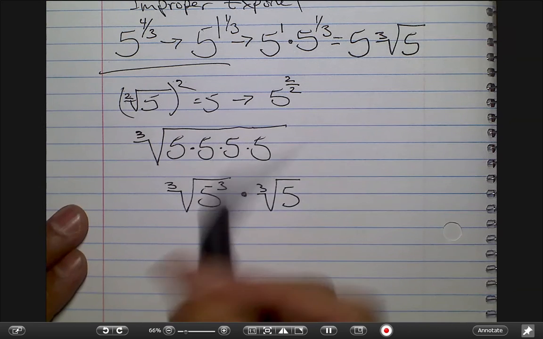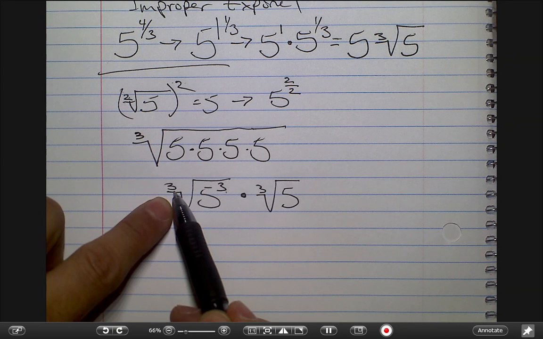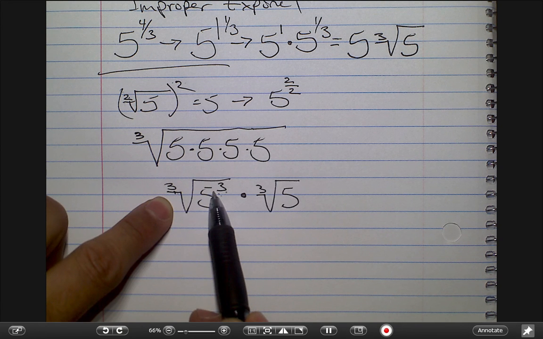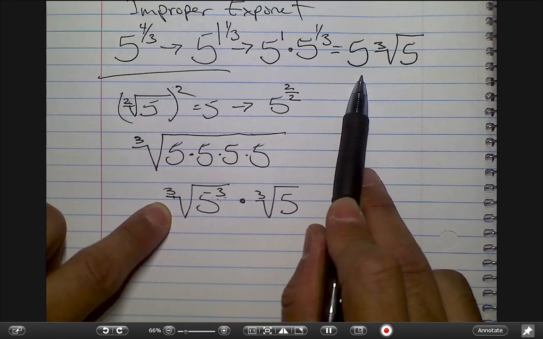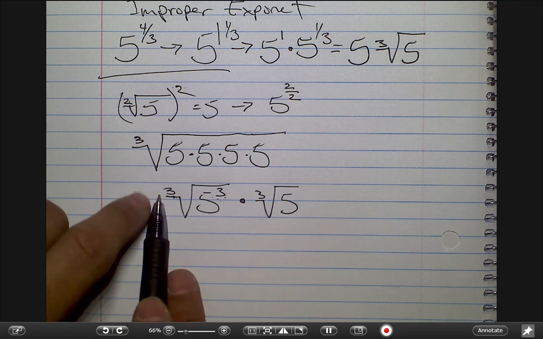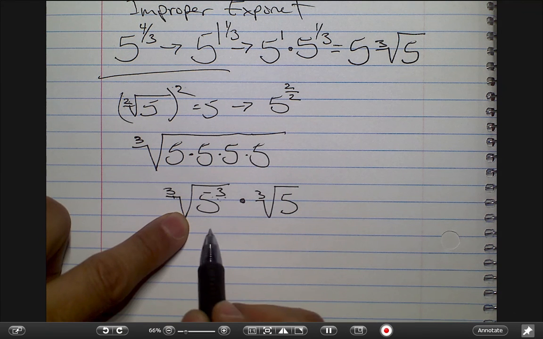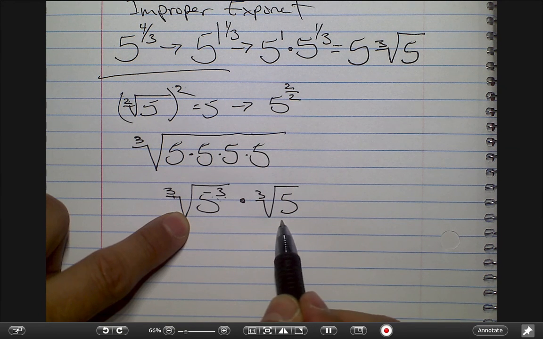So 3 to the 3rd, 3/3 is going to give me my 1 whole, which is right here. So by rewriting it like this, I have just 5, and this is left over. Is that better? Okay.